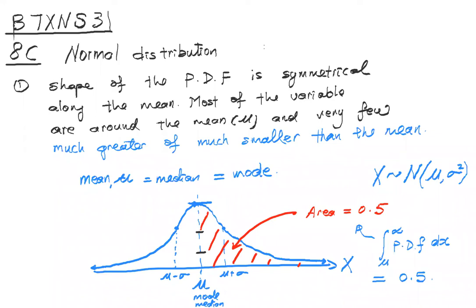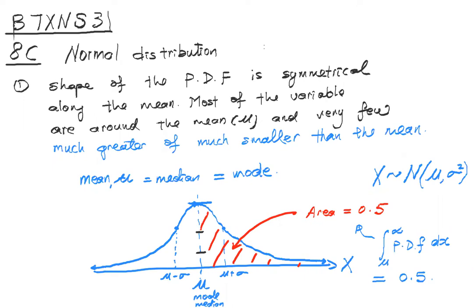Are you okay? That's how you sketch the graph. And the area bounded by the probability density function must be equal to 1 unit. So what are the characteristics of a normal distribution graph?